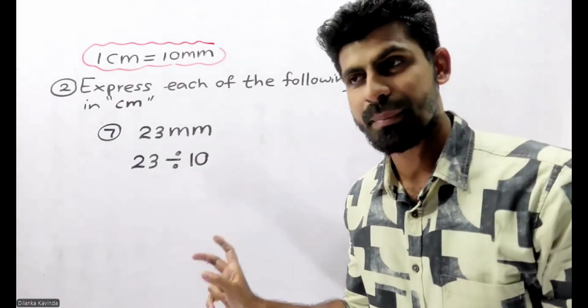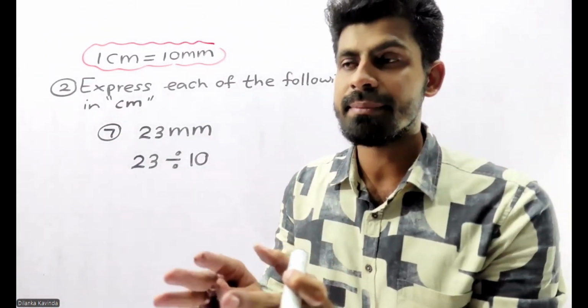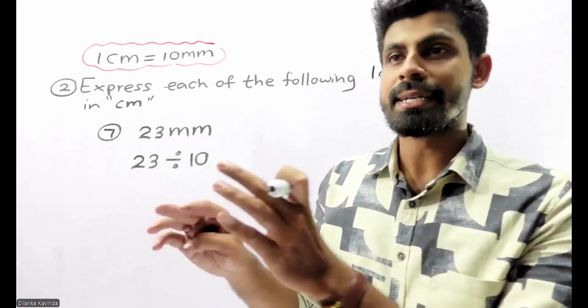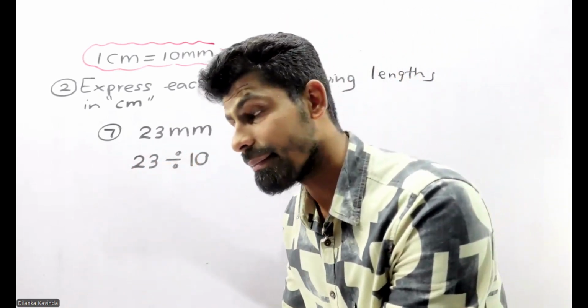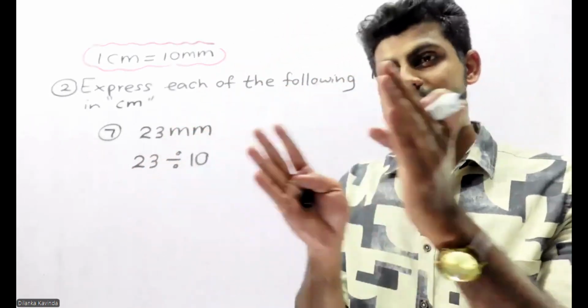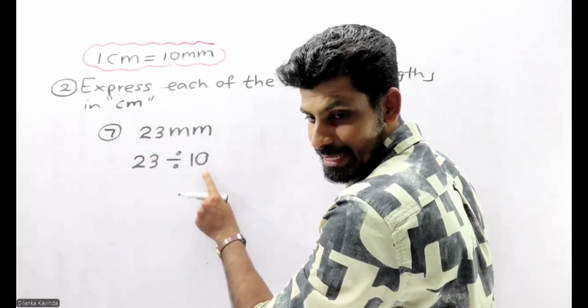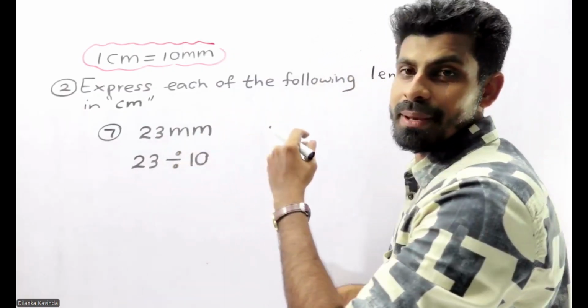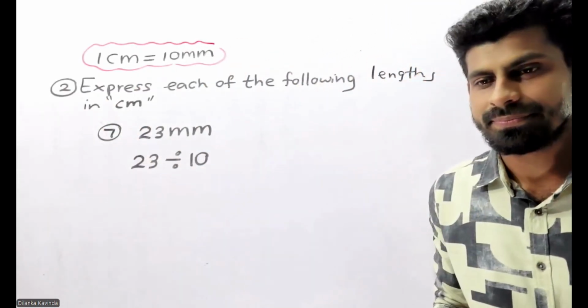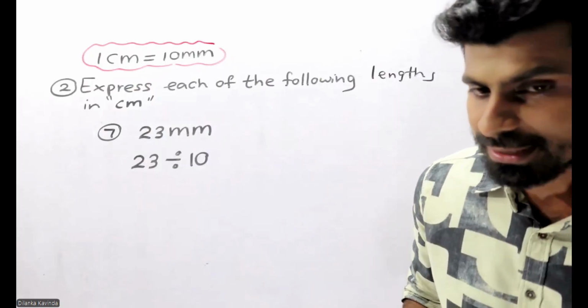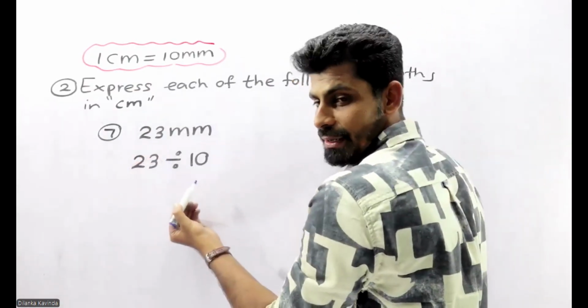23 divided by 10. It is very easy, right? Centimeter to millimeter we need to multiply by 10. How to convert millimeter to centimeters? We need to divide by 10. So when you're going to divide by 10, one decimal place moving to left. So look at this one.